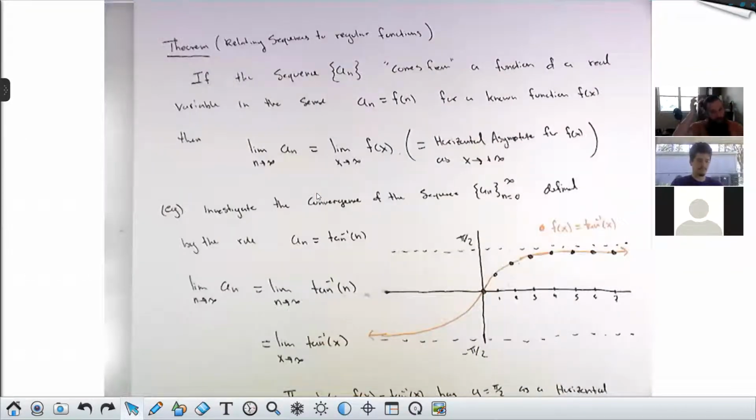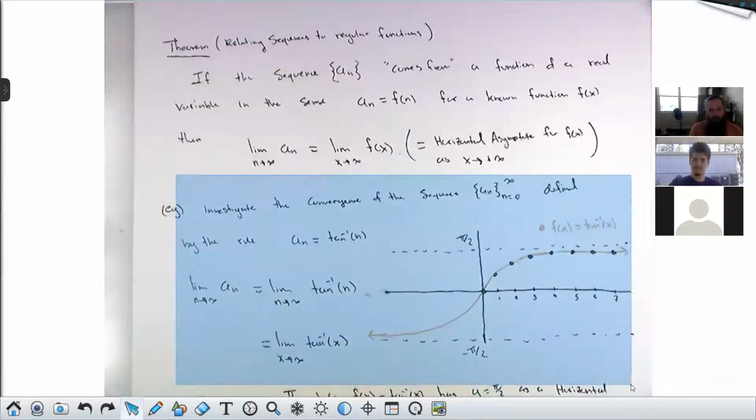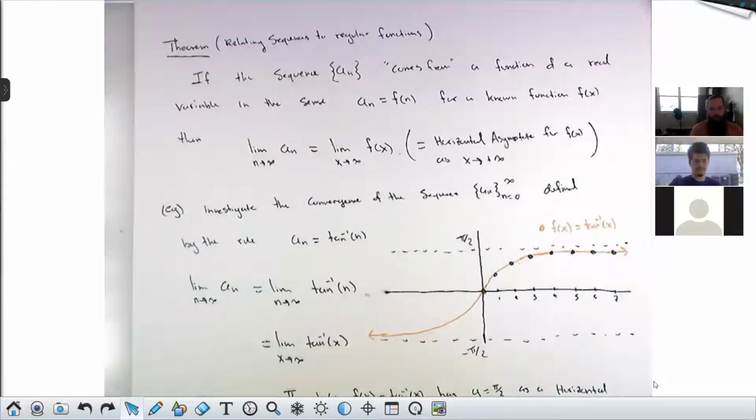But this has other utility also. This is how we justify the use of L'Hopital's rule for sequences. Before I do that, I've got one other example of a family of sequences that we can handle in this way. So before I move on, any questions on this?